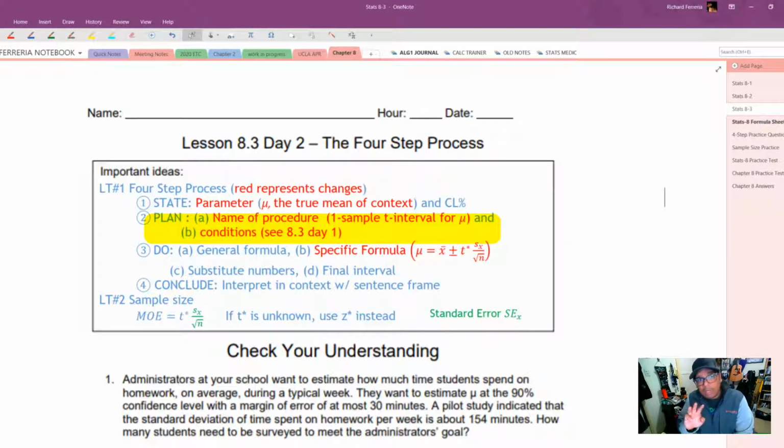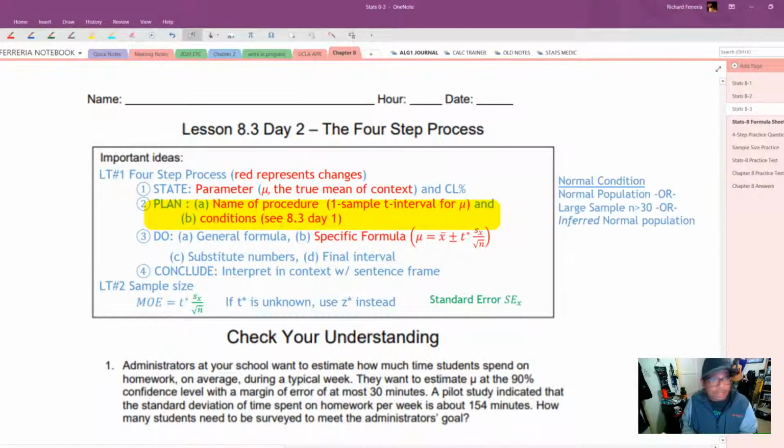The only real rub here is for the normal condition, you can satisfy that in one of 3 different ways: either normal population, a large sample, or an inferred normal population. So that normal condition is really a normal population or a large sample or an inferred normal population.